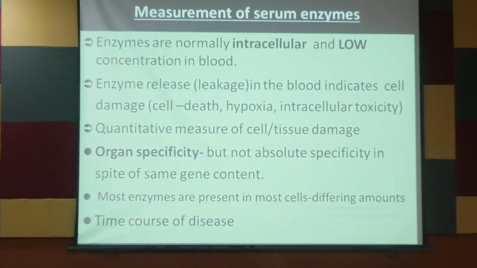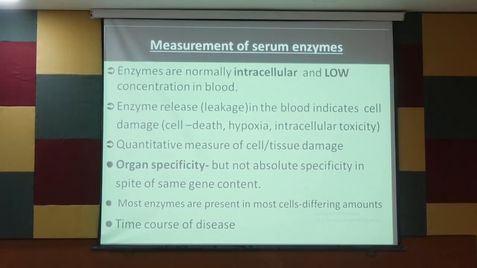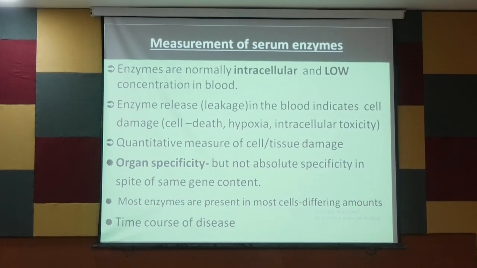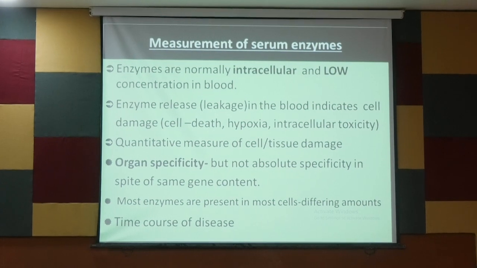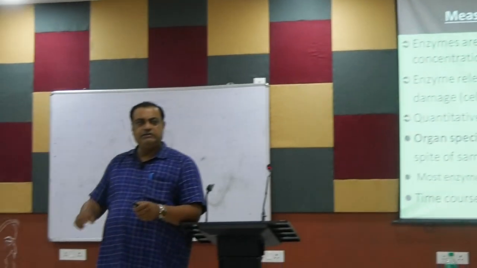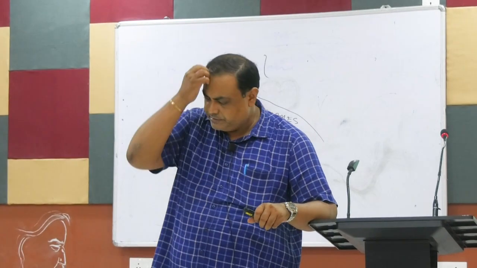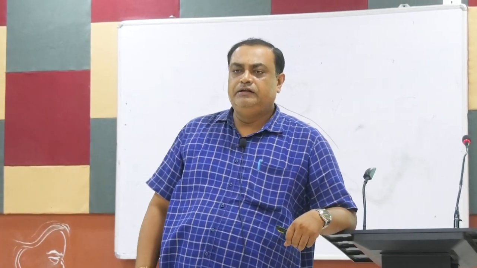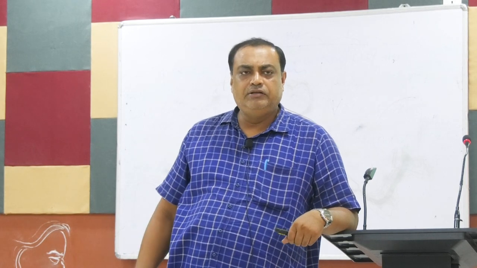Time course of disease. When you start with understanding of clinical enzymology, we always tell you that in this disease such and such enzyme will increase. Can we see that in any liver disease all the liver enzymes are decreased?